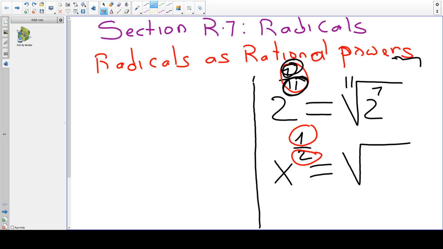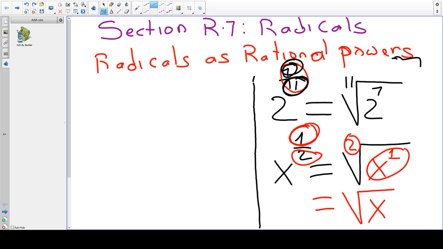So that's going to be square root of x to the power, the first power. Now, of course, you remember from here that when you do square root, when the index is 2, we don't need to write it. So that's going to be just square root this way. And you also remember x to the power 1 is the same as x. So that's an easier way to write it.